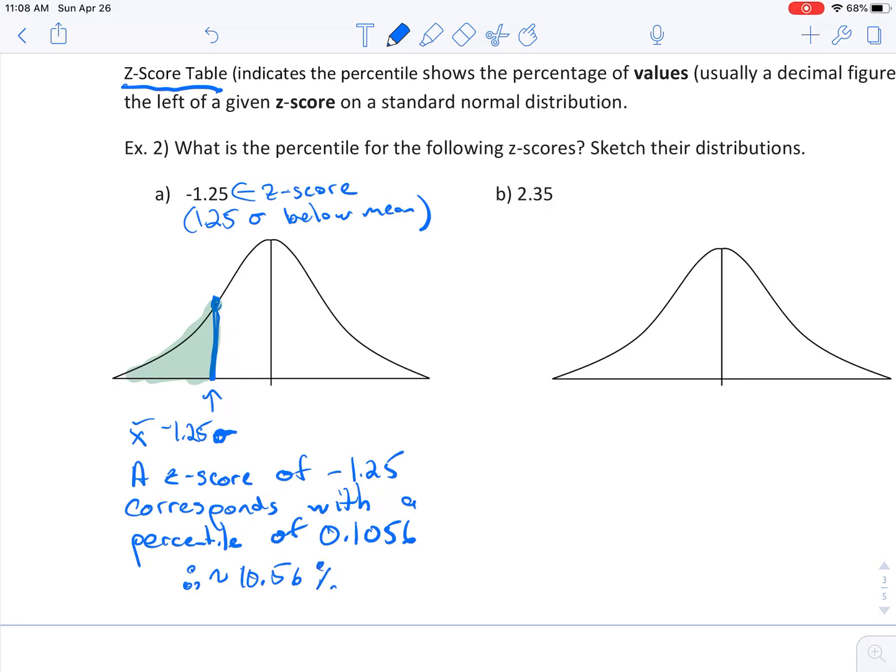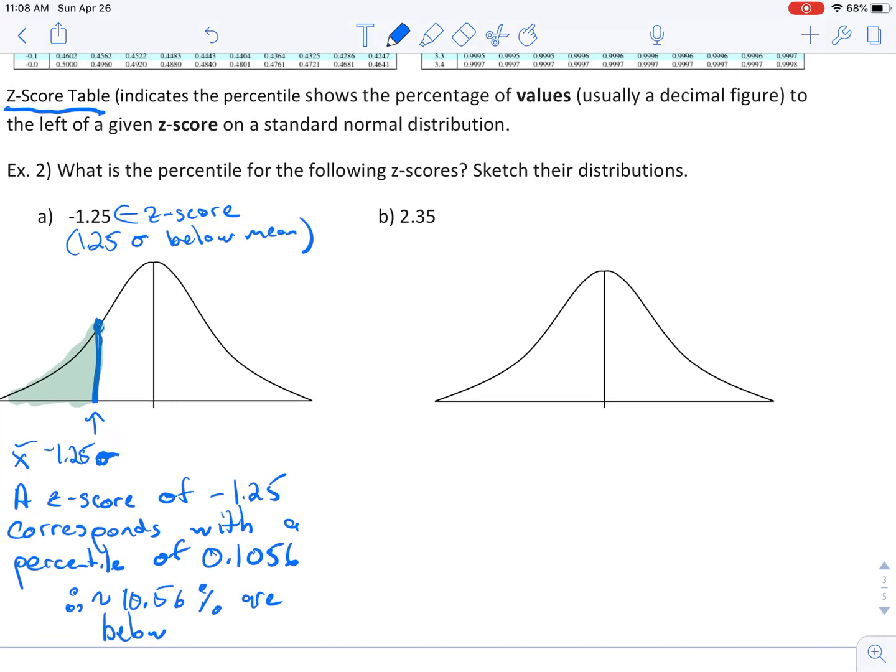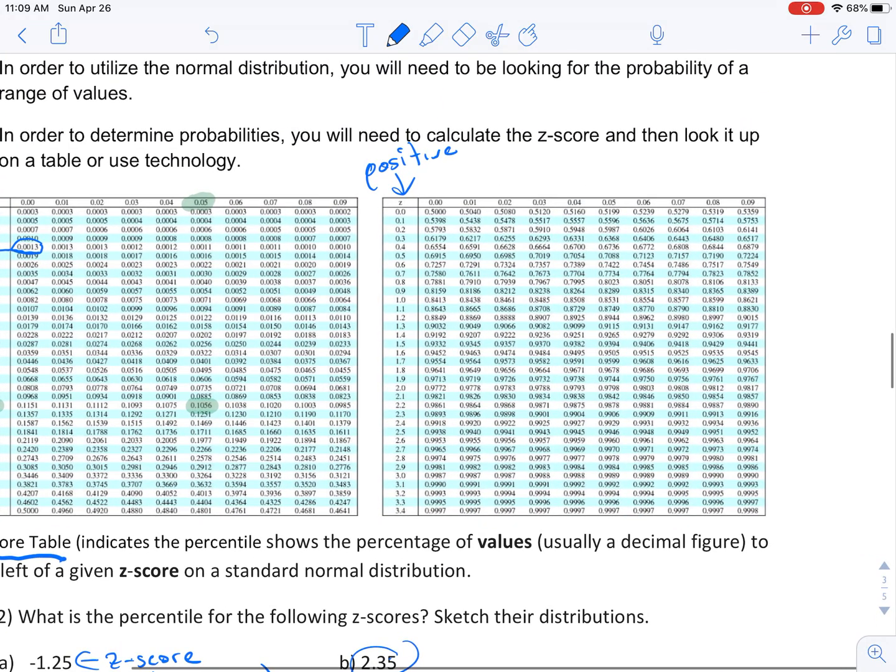So therefore, approximately 10.56% are below that value. And that's what a percentile tells you. And so knowing if something fits a normal distribution, you can figure out these percentages or percentiles. And we'll talk about how that relates to probability.